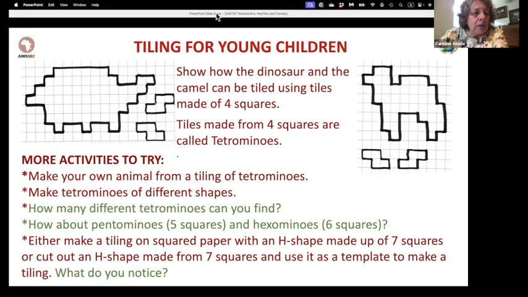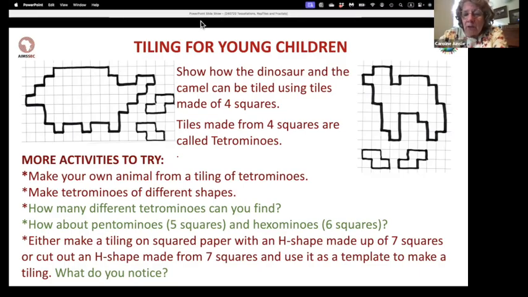And you can either give them challenges or get them to make their own. So what about if you use 5 squares or 6 squares? And now the important thing is that there will be no gaps. So that's a nice challenge in itself. Use square paper and make up your own templates.